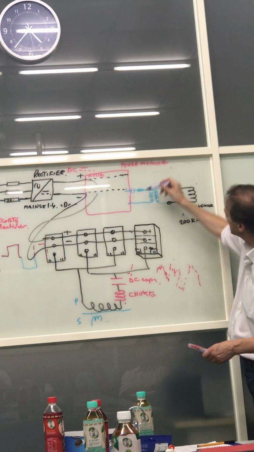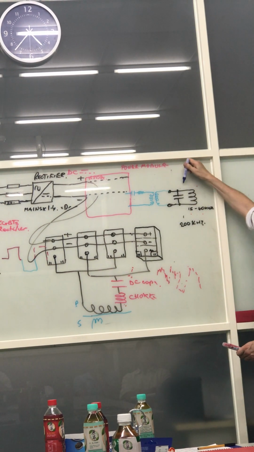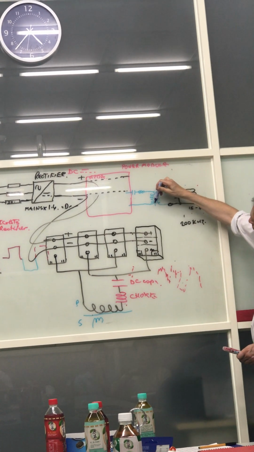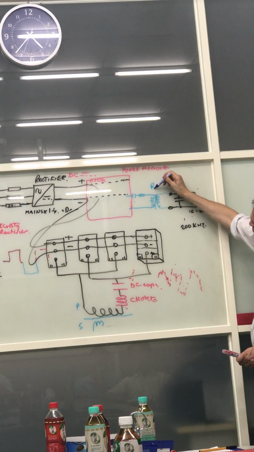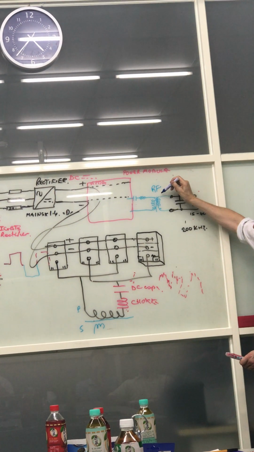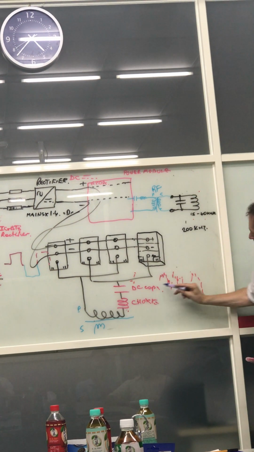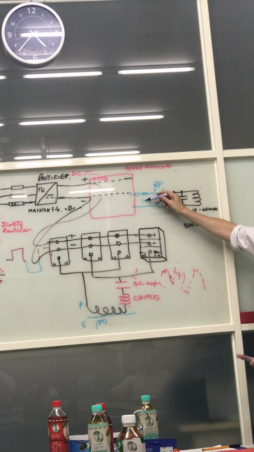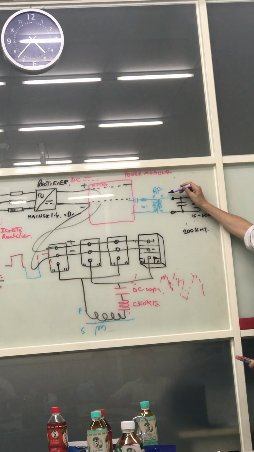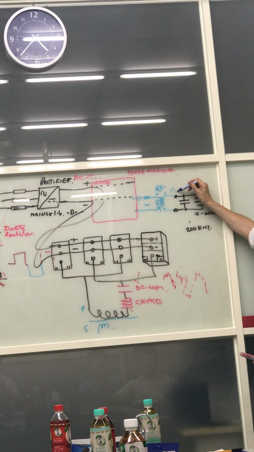So this is your tank circuit. This is the RF transformer. There's your primary. There's your secondary. This waveform here was crappy, like this. But here, it's a pure sinusoidal waveform.